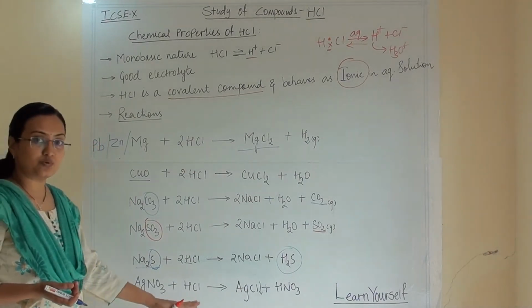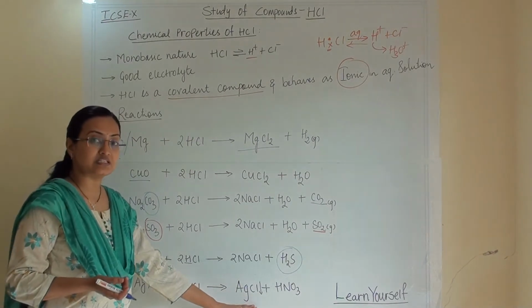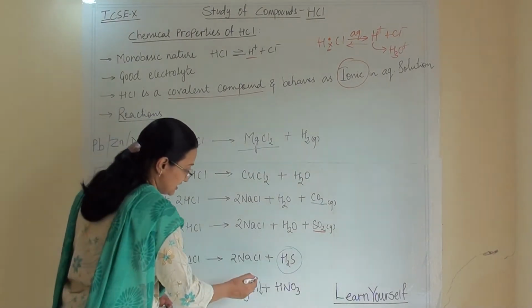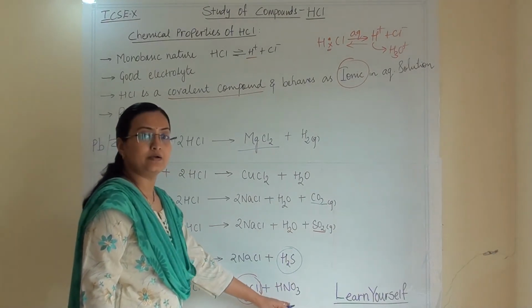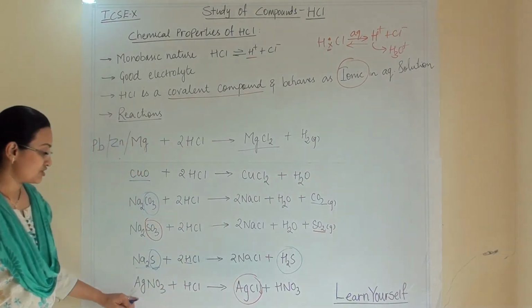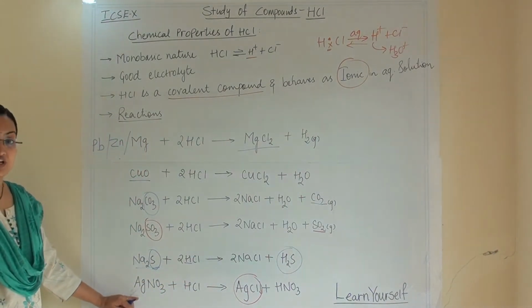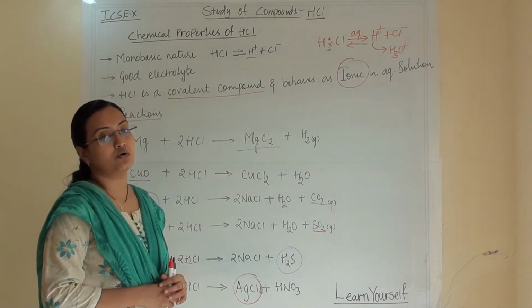Silver nitrate, when reacting with hydrochloric acid, gives us a precipitate, that is AgCl, a white precipitate, and nitric acid. This reaction is very important to check whether an acid is hydrochloric acid or not.